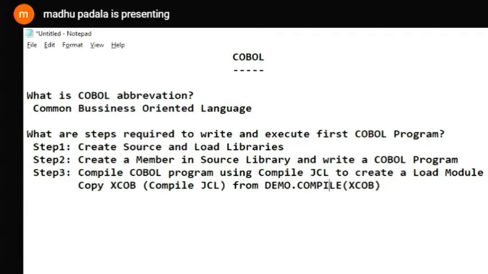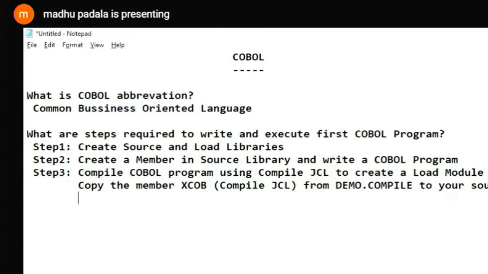From demo.compile, this is a member. Copy the member xcop, which is a compile JCL, from demo.compile to your source library, and customize it with your library names.